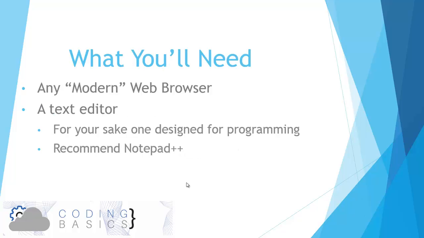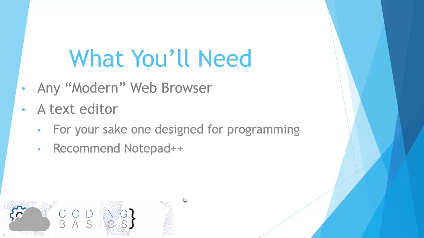Now, as far as what we're going to need for this series, two things. One good thing is we're not going to have to install really any software development kit. Basically, all modern web browsers, so that's Safari, Google Chrome, Firefox, Opera, even Internet Explorer, all of them have built-in HTML, CSS, JavaScript interpreters. So they're built into the web browser. So we don't have to install anything.